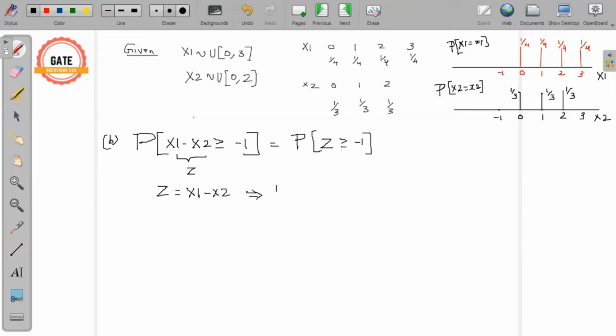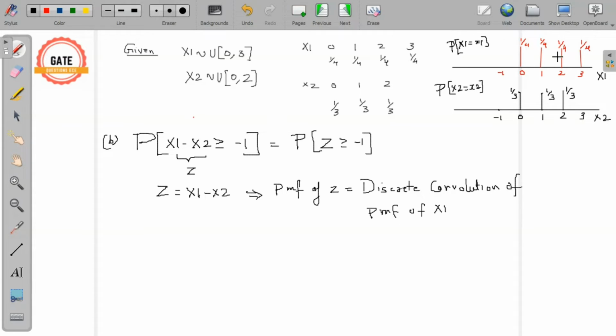We know that the p.m.f of z will be equal to the discrete convolution of the p.m.f of x1.